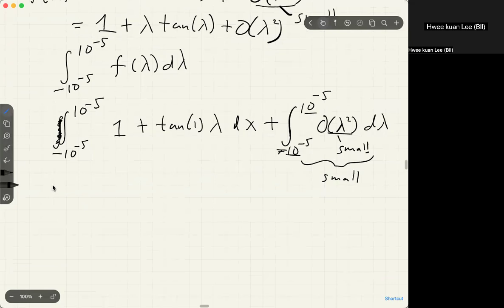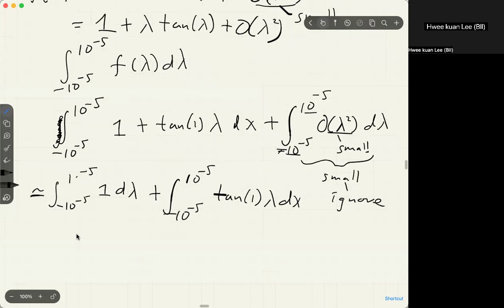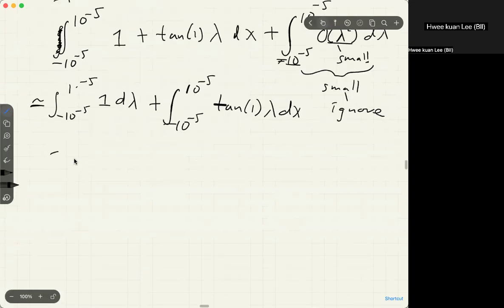So we will have the integral from minus 10 to the minus 5 to 10 to the minus 5 of 1 plus tangent 1 lambda e to the lambda, and ignore the small stuff, right? This is roughly equal to, because we drop the small term. So this is easy.